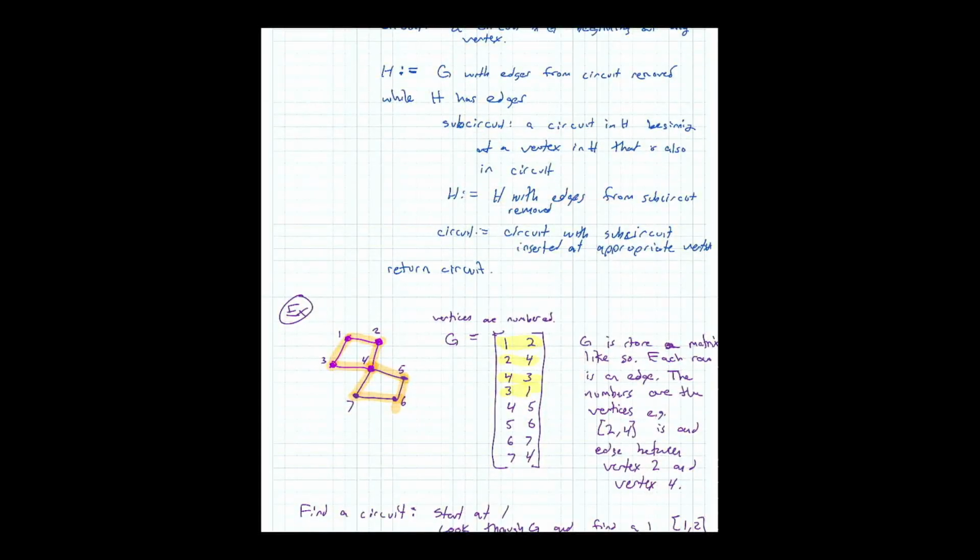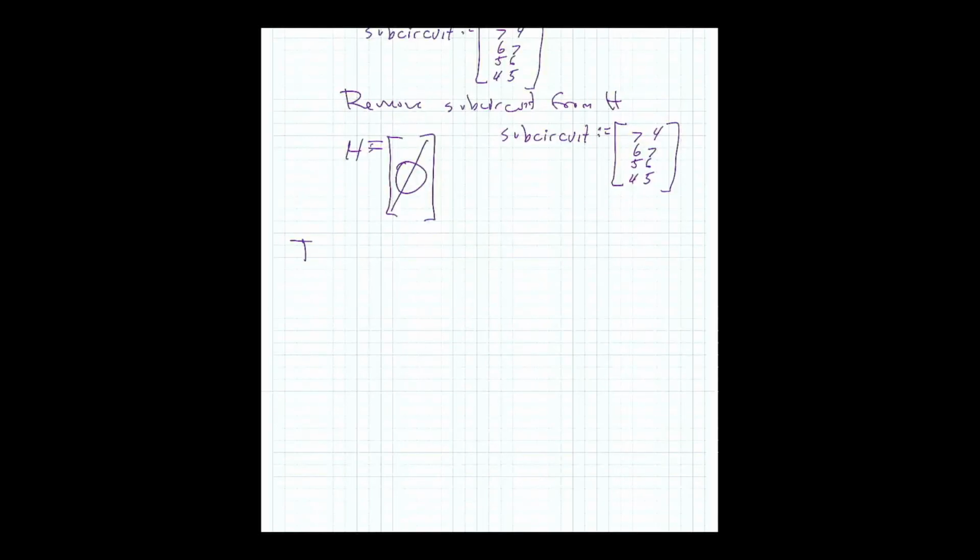And then now what it says to do is circuit equals circuit with subcircuit inserted at the appropriate vertex. What's that? So we're going to insert subcircuit at the appropriate vertex in circuit. All right, so what do we got?